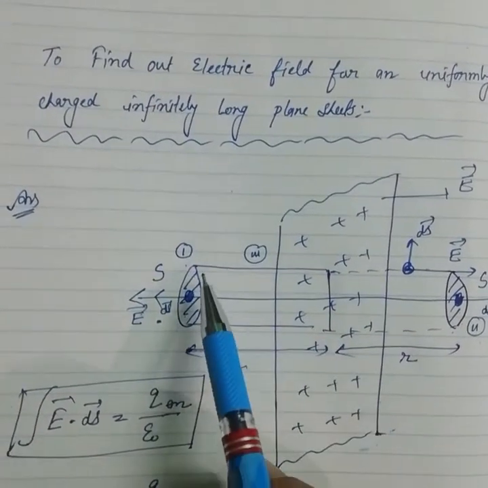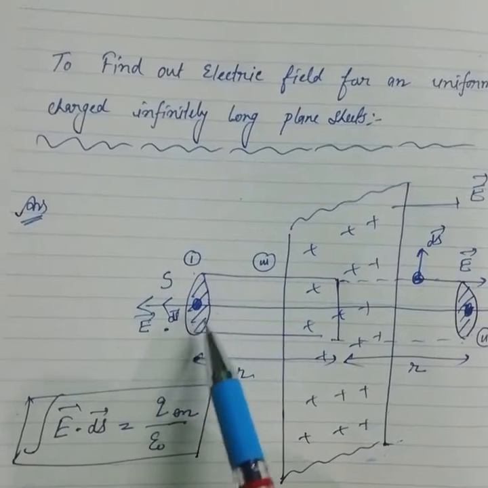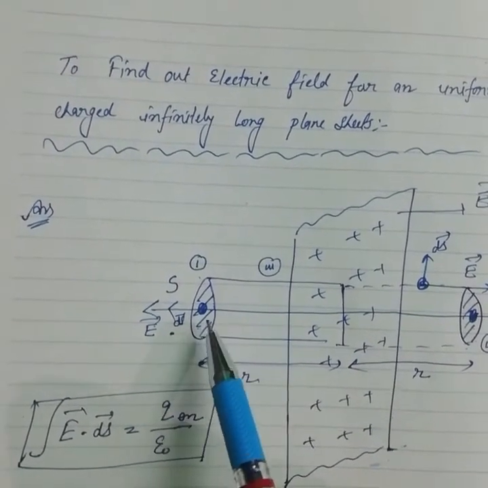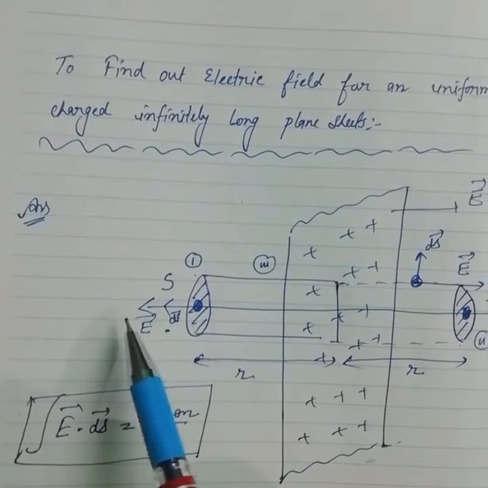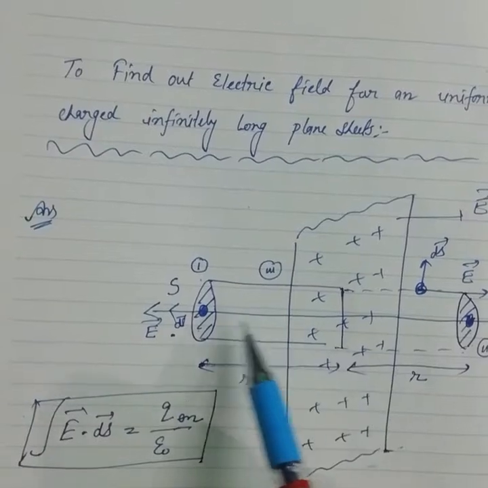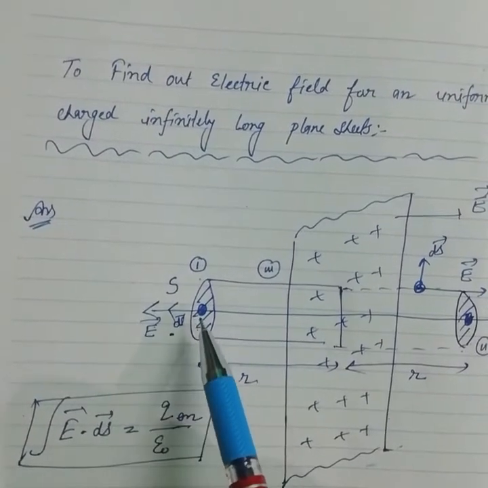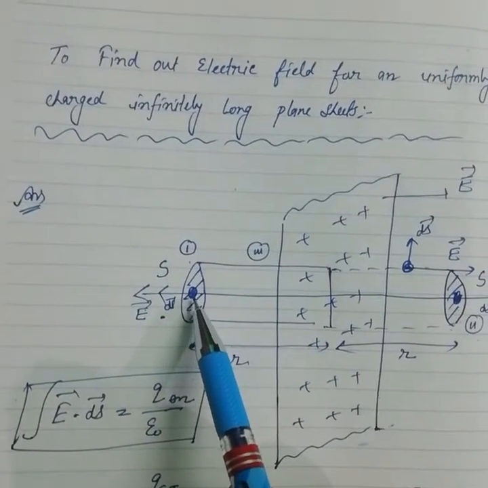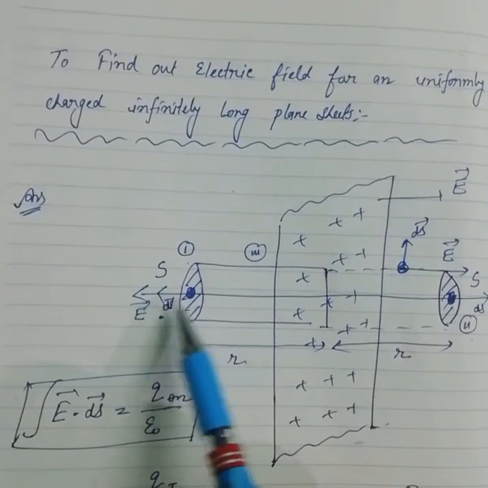In number 1, if I consider a small section of area dS, the direction of dS is along the direction of the field. Why? Because positive charges are there, the direction of the field is along this way, and dS, which is the area vector of this surface, is always coming out from the surface.